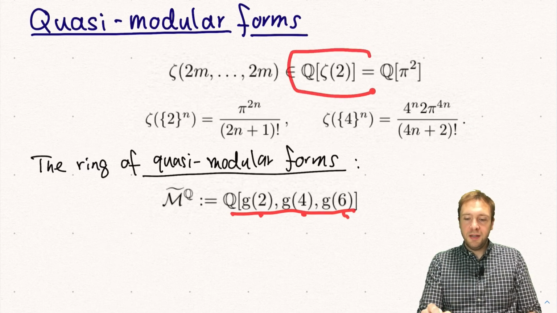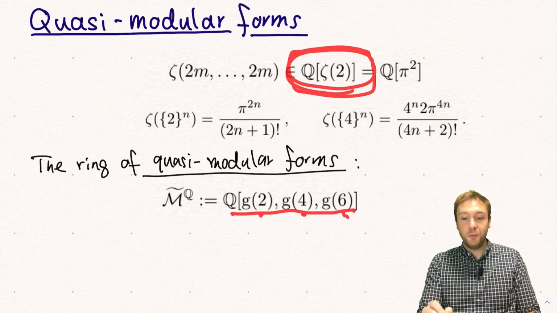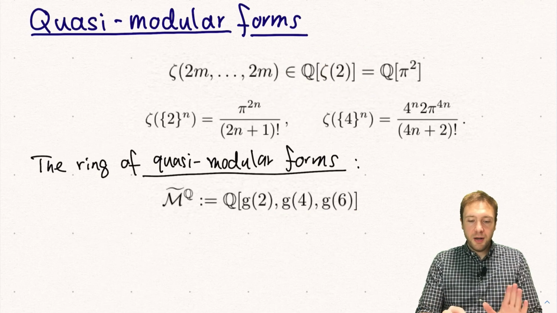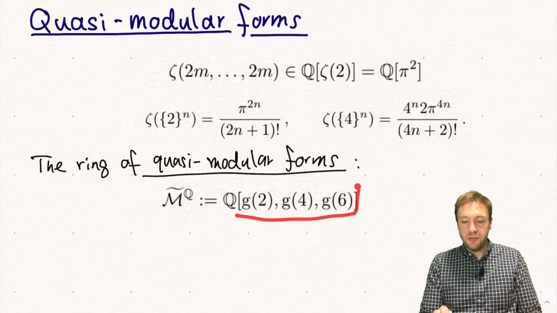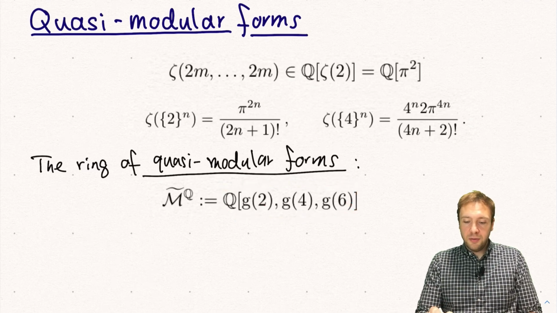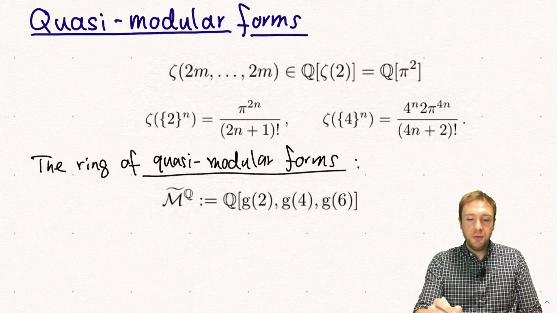So maybe a naive idea to find the analog of this space here would be just to say it's a polynomial ring in G2. But it turns out that this is actually not enough, and you really need to include G2, G4 and G6.